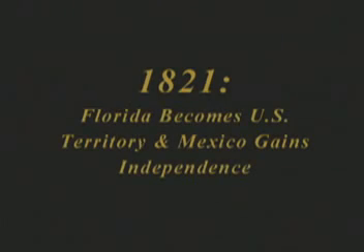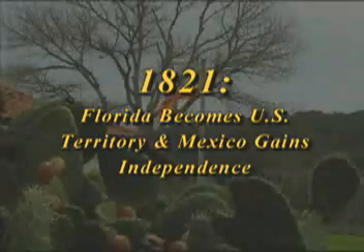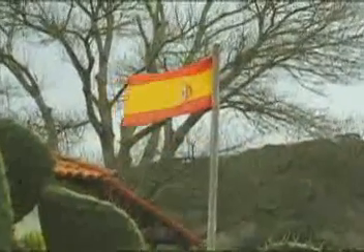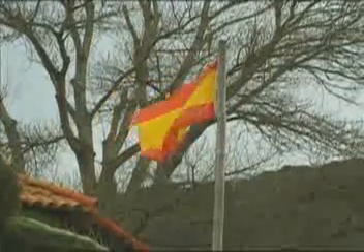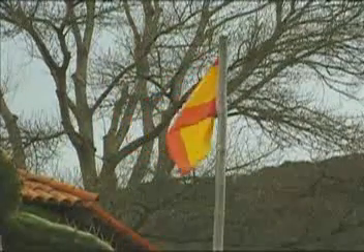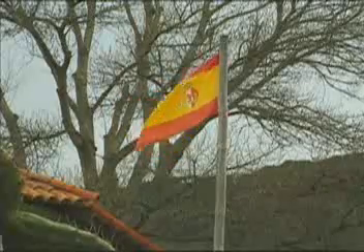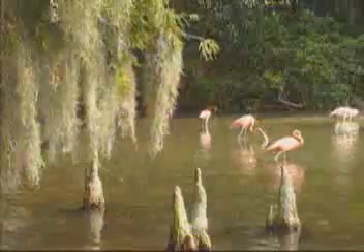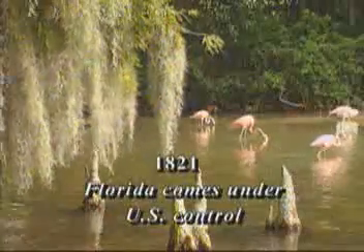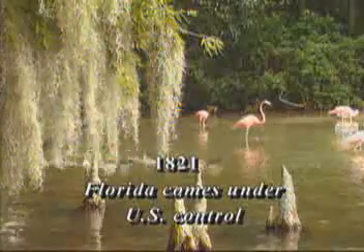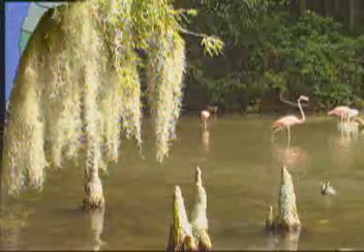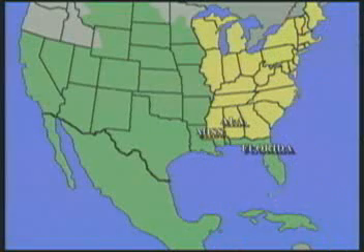As the 19th century wore on, Spain became more and more preoccupied with problems in Europe, and it seemed to lose interest in North America. As a result, several of its colonies began to seek independence. In the year 1821, Spain approved a treaty that gave control of Florida and the southern parts of what are now the states of Alabama and Mississippi to the United States.